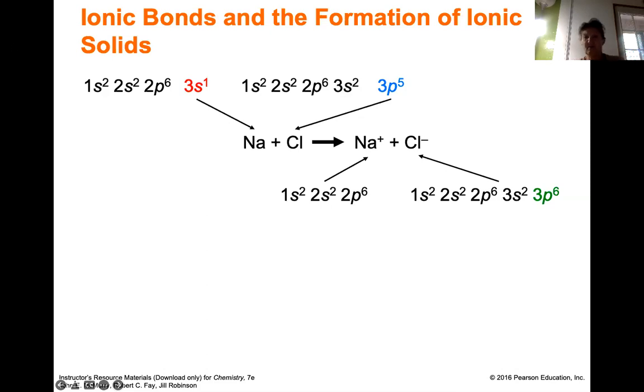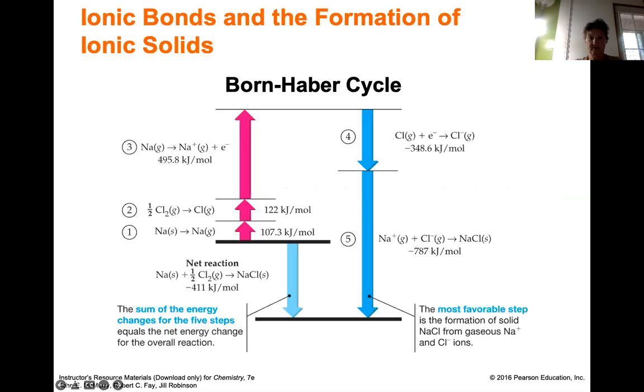But once those are formed, the ionic bond is formed because the positive sodium and the negative chlorine are held together just by that electrostatic force, which is fairly strong. So you make the ions, and then an ionic bond is the fact that something positive and something negative are attracted to each other.